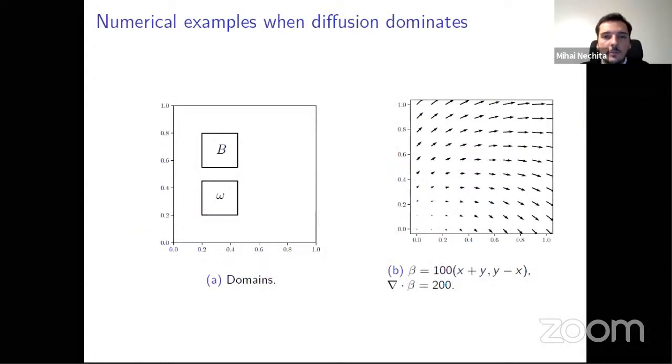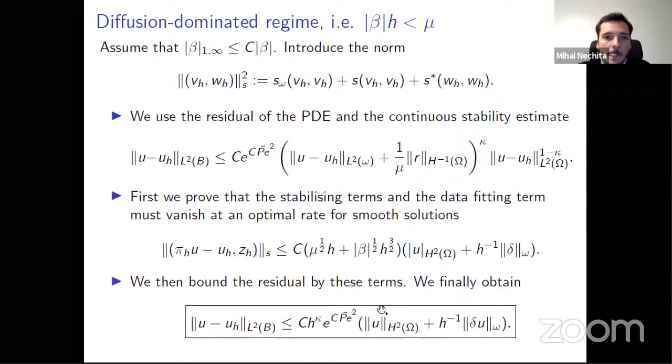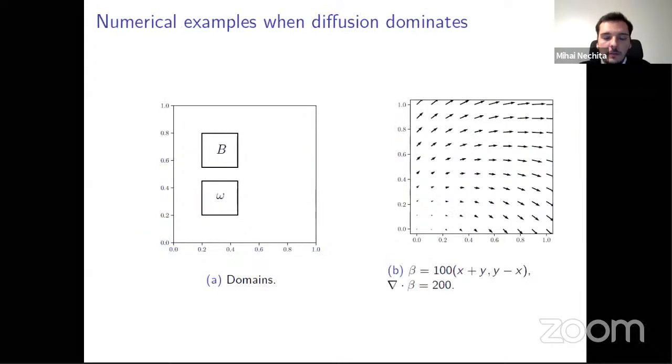I will show some numerical examples when diffusion dominates. So let me mention that this analysis is in the diffusion dominated regime, and the results that I will present here also. So here we have the two domains, the data domain small omega and the target region B above it.